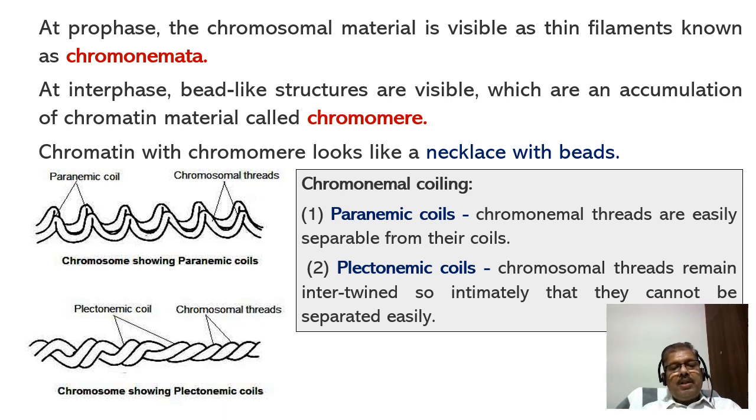When the chromonemal threads remain intertwined so intimately that they cannot be separated easily, they are known as plectonemic coils. So in this diagram, the upper one represents the paranemic coiling and the lower one the plectonemic coiling.